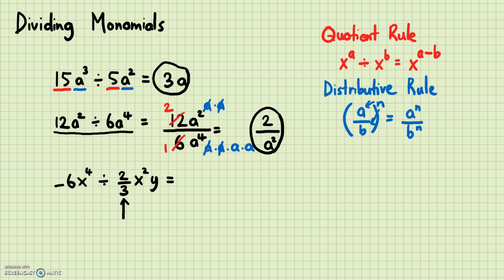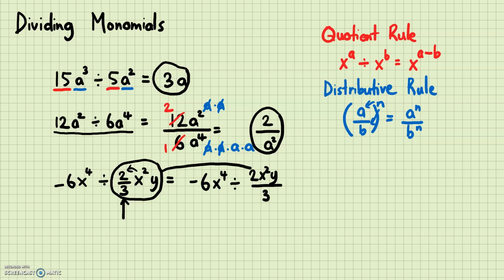So before you do the hack though, you'll need to change this whole thing to a fraction. So let's just move the x squared y to the numerator. Okay, so let's change this to negative 6x to the fourth divided by 2x squared y over 3.